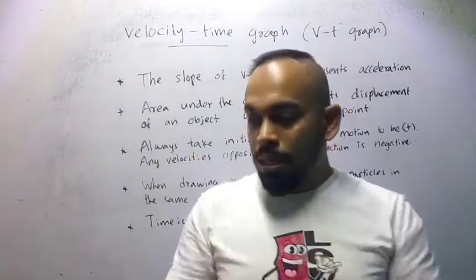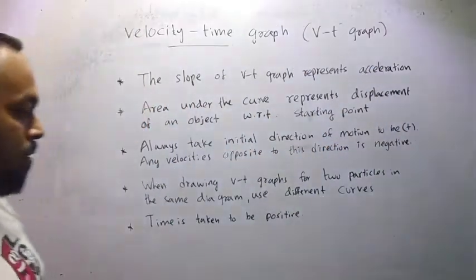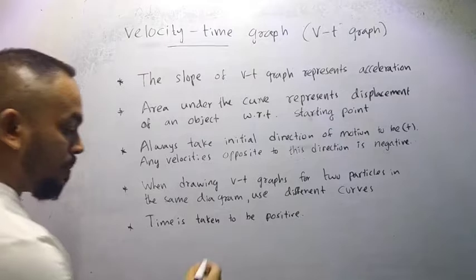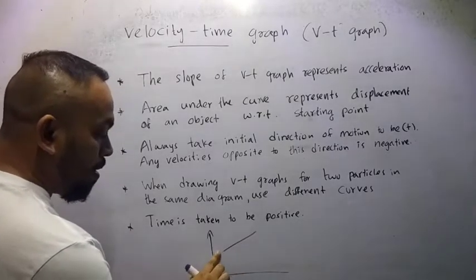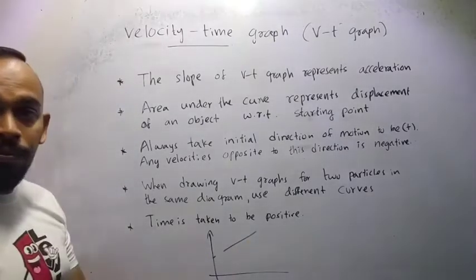If you consider the area under the curve, for example, suppose you have a VT graph like this, okay?